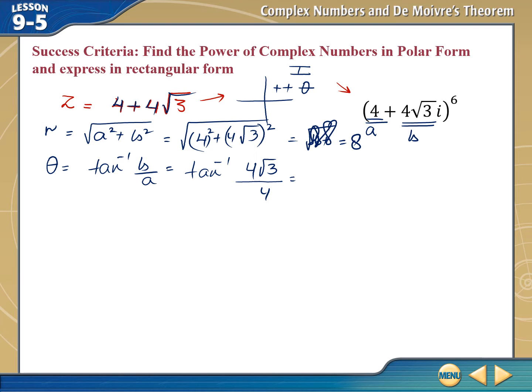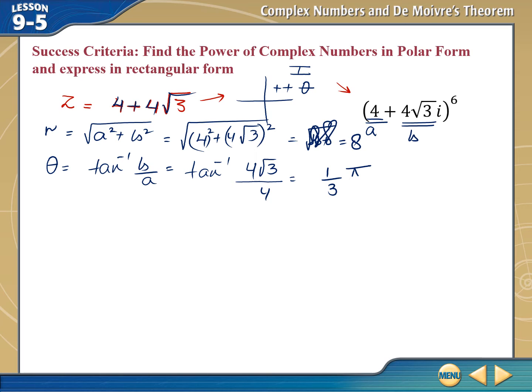Keep the calculators in radian mode while solving all the questions. Otherwise you will get a slightly different answer, and that would not be acceptable if your teacher is asking for answers in radian form. So you will solve it and you will get 1 over 3 pi. So this is our argument.